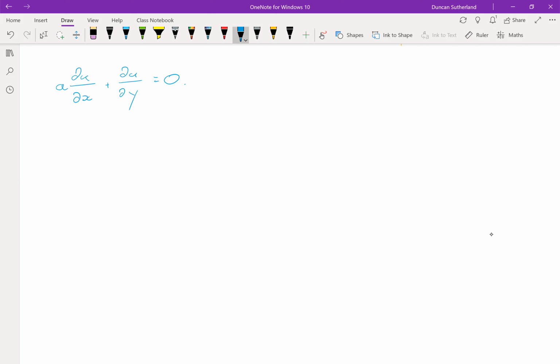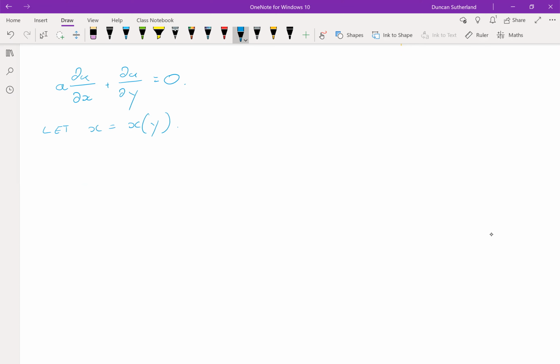So the first thing we're going to do is assume that one variable is a function of the other. In this case, I'm going to say let x equal x of y. So we're sort of parameterizing in terms of y.